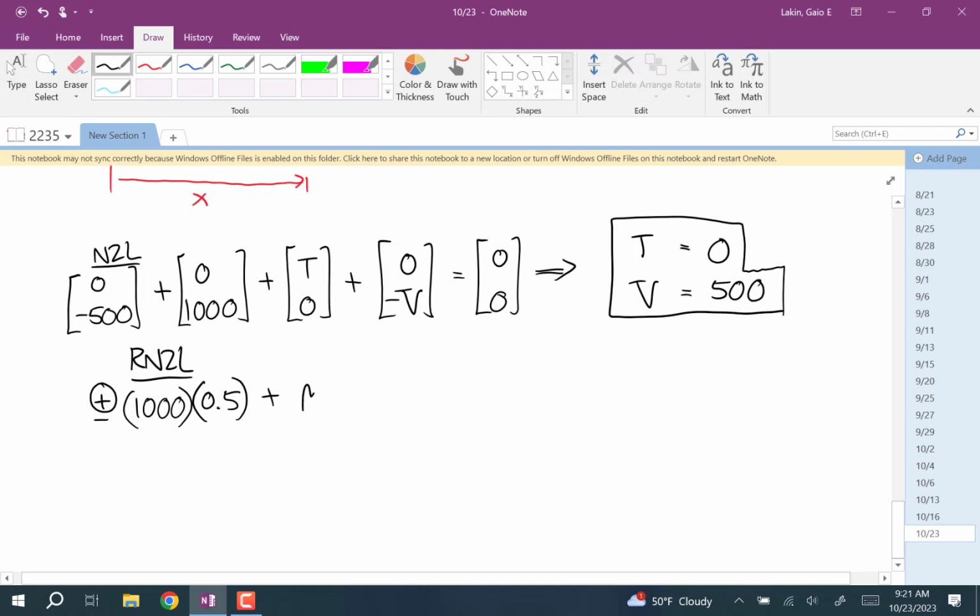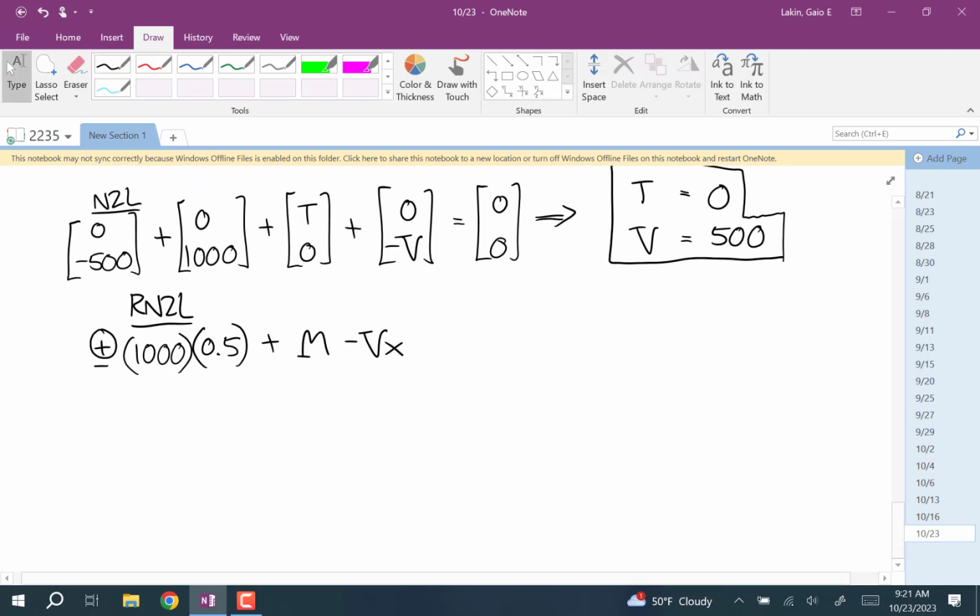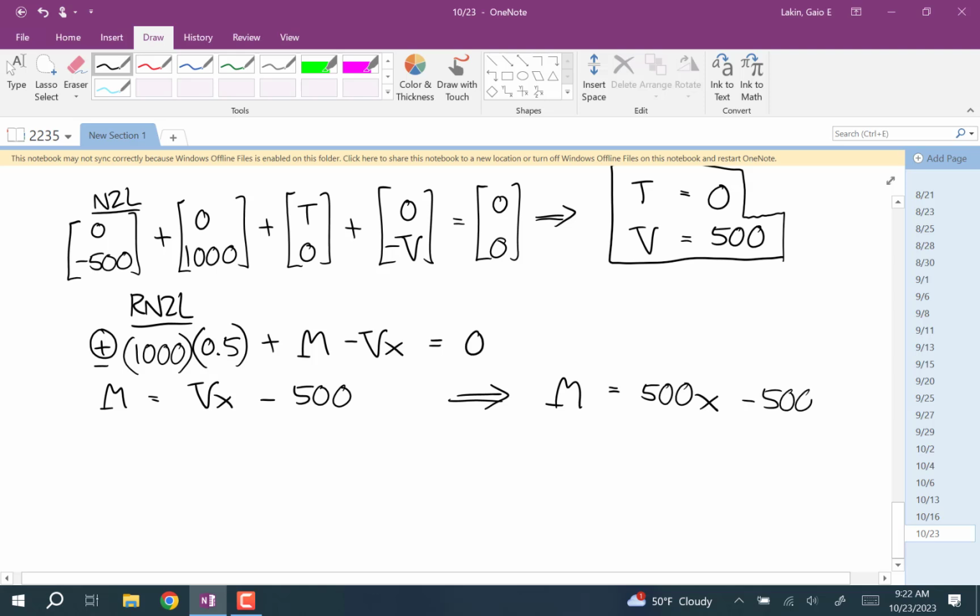Then we have the plus M like we had before, and the minus Vx like we had before, because that V has a moment arm of x and would make it rotate clockwise. Okay, so this is equal to 0, and we get that M is equal to Vx minus 500. V is 500 now for these x values. And so M is equal to 500x minus 500.